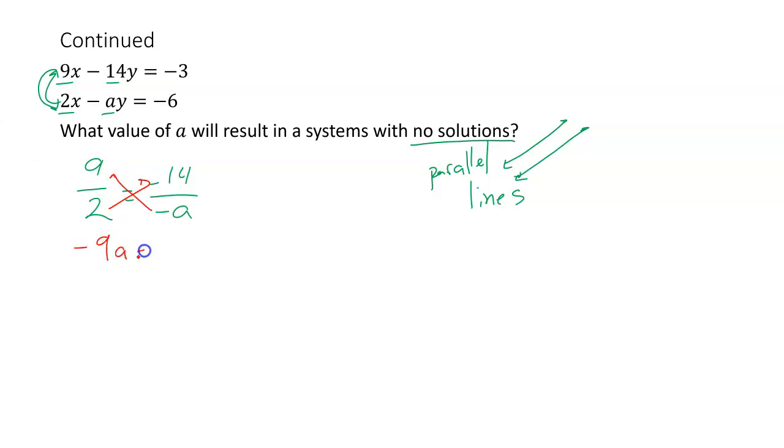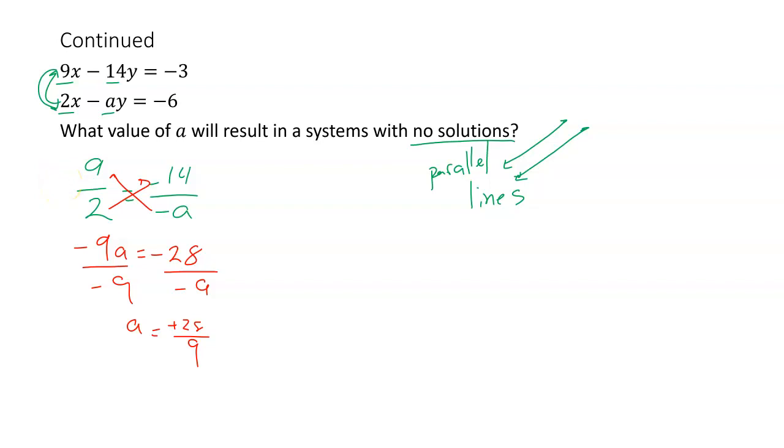Negative 9a equals negative 28. Divide. It'll be positive now. Positive 28 over 9. That's our value of it.